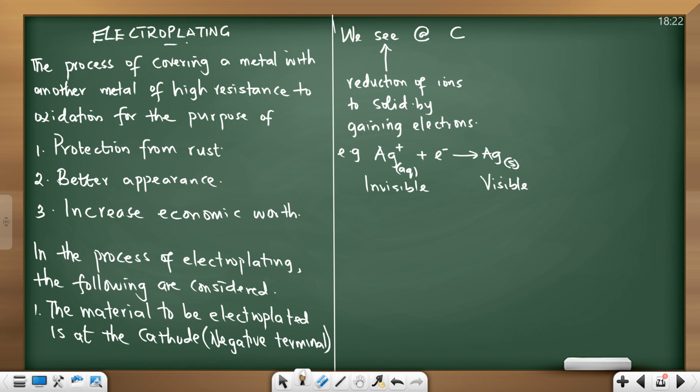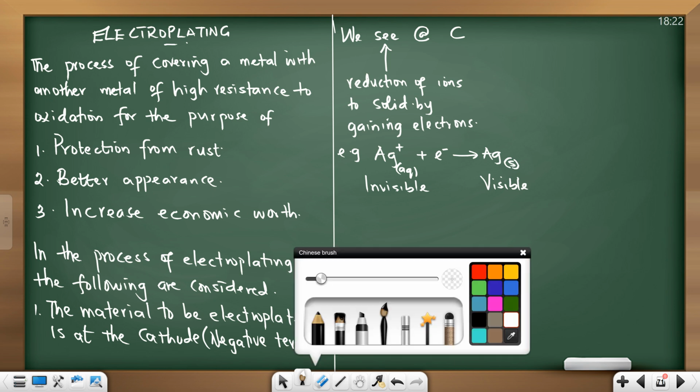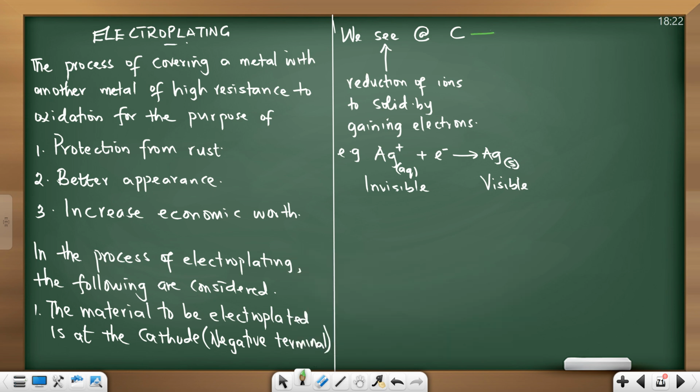So to cover a metal, we need to have that metal reduced. Reduction must happen there so that the invisible is converted to something you can see. We see at C. What does my other C stand for? We see at the cathode.